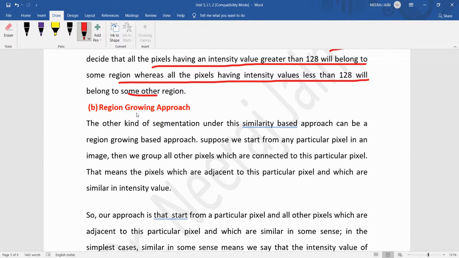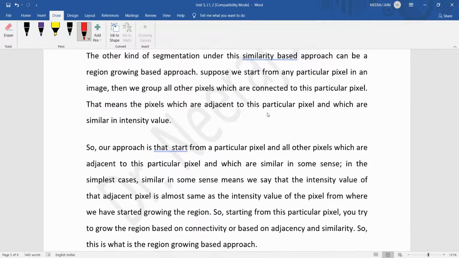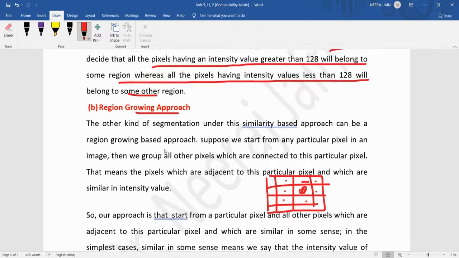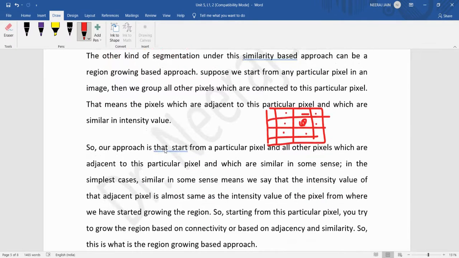Now the region growing approach. Here we divide the image into pixels. Then we take a pixel and observe its adjacent nearby pixels, and if they are similar to that pixel, then these are merged. That is called the second method, the region growing approach.